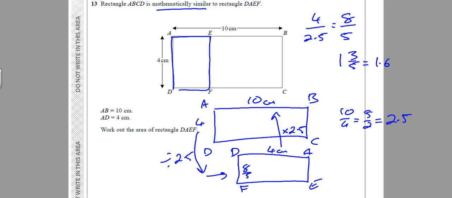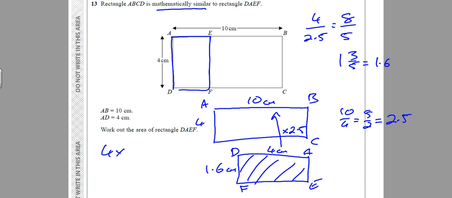But 3/5 is the same as 6/10. We now know that this DF here is 1.6 centimeters. So if we've got to work out the area of this, we've got to do base times height. So it's 4 times by 1.6.